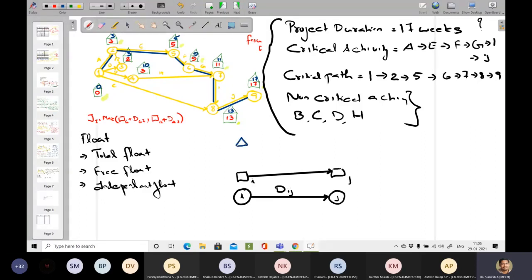So this is my triangle I, this is my triangle J. So the float values, I had told you the three conditions.